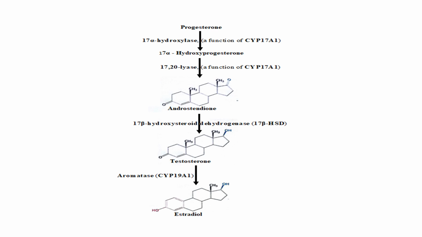From androstenedione, it is now converted to testosterone, and from testosterone to estradiol. The enzymes catalyzing each reacting step are indicated, and their cytochrome P450 isoenzyme indicated.